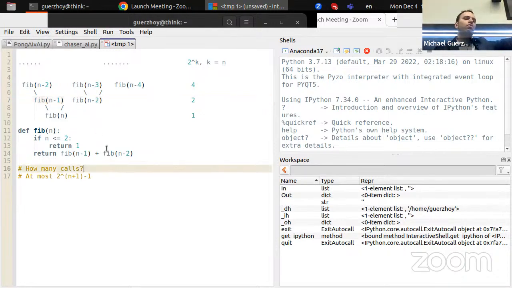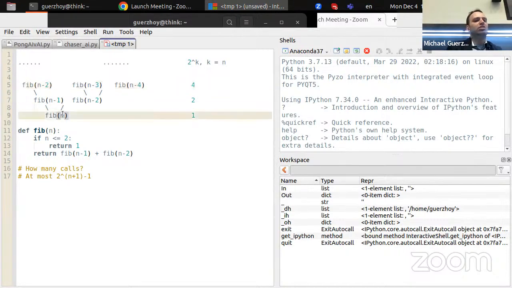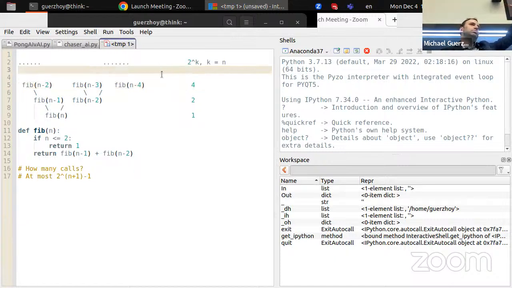Now, that's an overestimate. The reason it's an overestimate is because at the very top, there would only be one call where you went from n to n minus 1 to n minus 2 and so on down to 1. On the rightmost branch, in fact, you would run out of calls at level n over 2 because you go n minus 2 and n minus 4 and so on. You'll get to 1 here, and that would be at level n over 2.